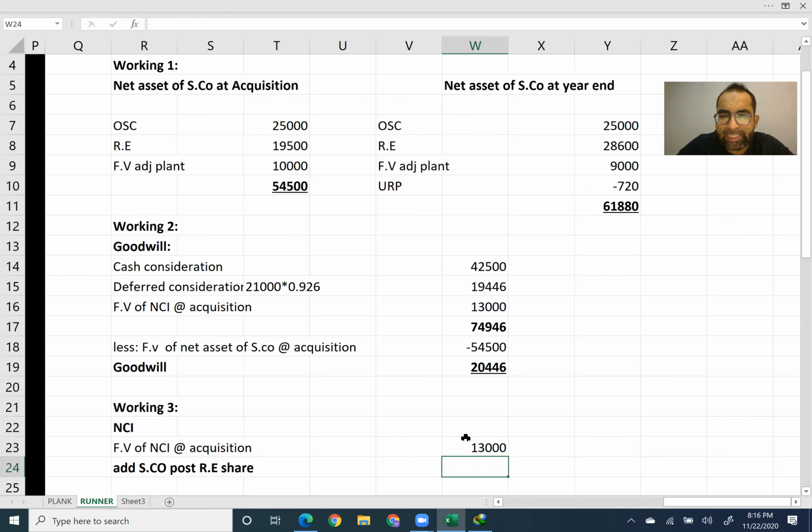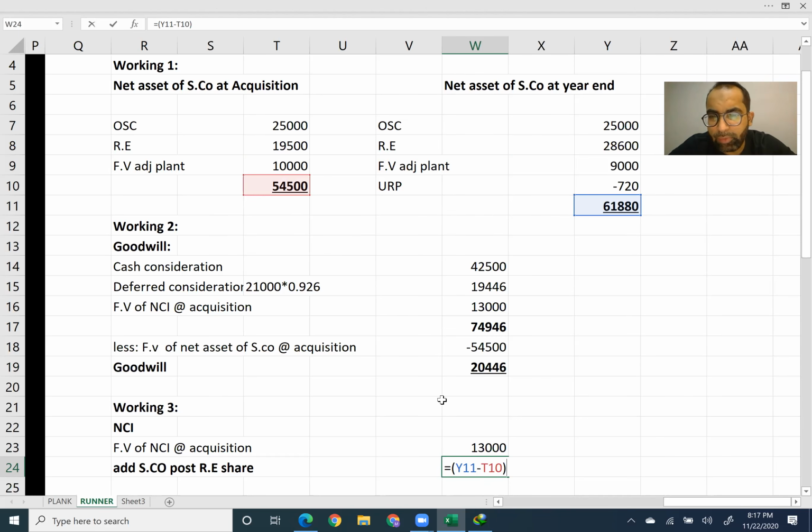Now let's adjust the post share. The post share equals bracket open, first we'll pick this, minus the second number, bracket close.